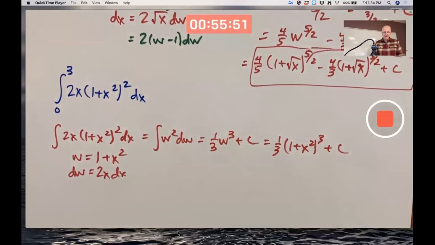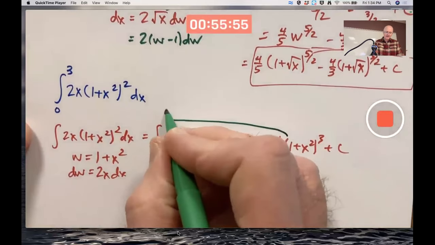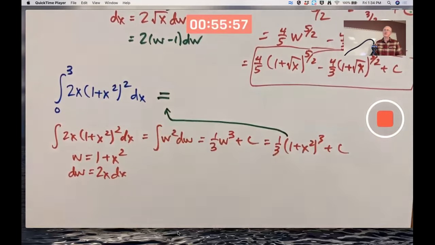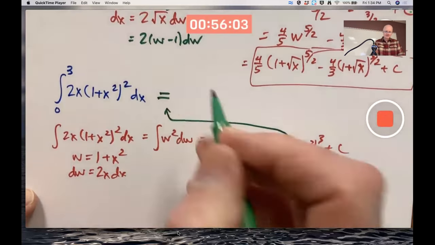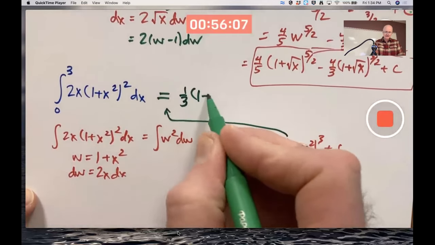Once you've done that, then use that antiderivative and the fundamental theorem of calculus to do the definite integral. I want you to show this work on a separate line, then use it back up here to write this.